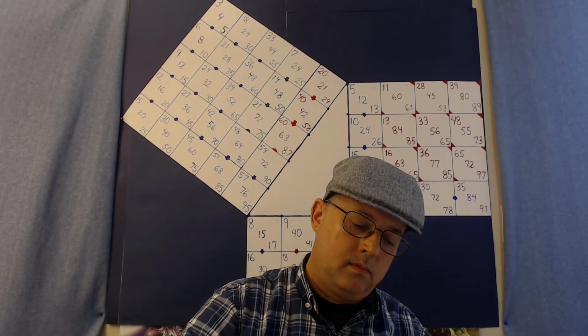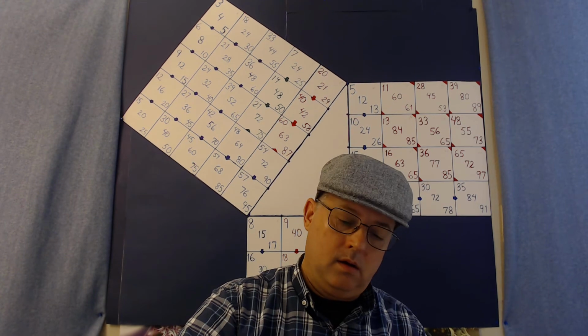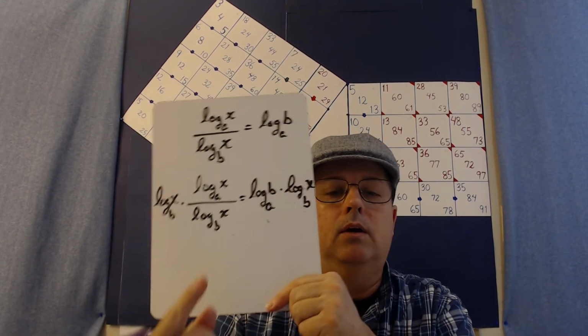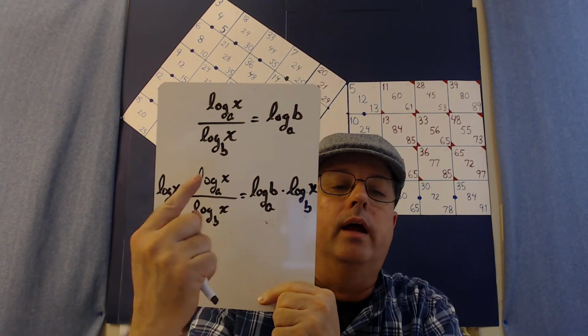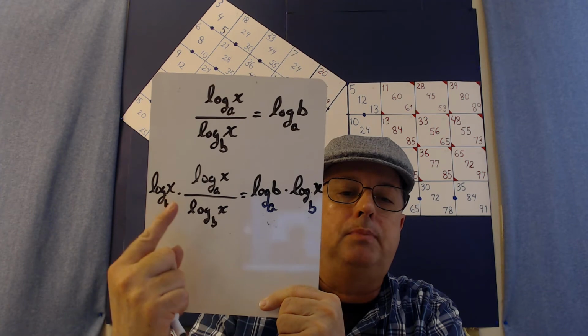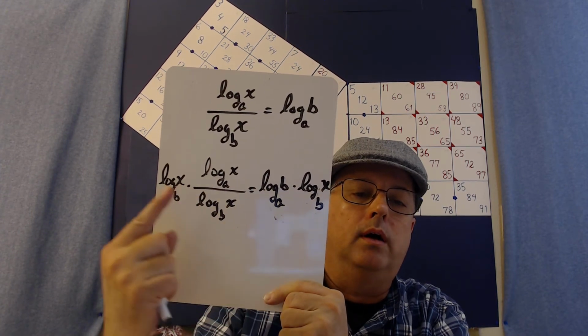Just touching it up here. There we go. That looks pretty nice. Okay, so here's the statement. Make this look more like an A. Okay, and so now I'm going to multiply both sides by the log base b of x, and then these will cancel out.